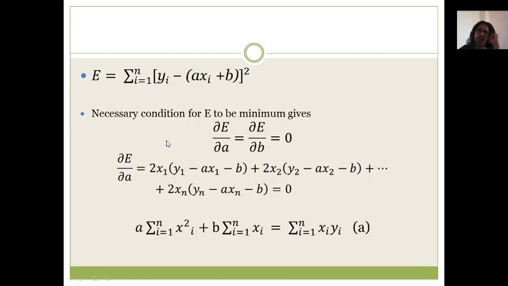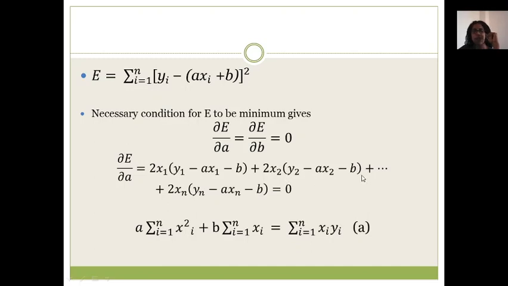First of all, let's do ∂E/∂a. This is just like a function with a square. Do the partial differentiation. For easiness, we can put i equal to 1, 2, etc., up to n, and you will get this equation.